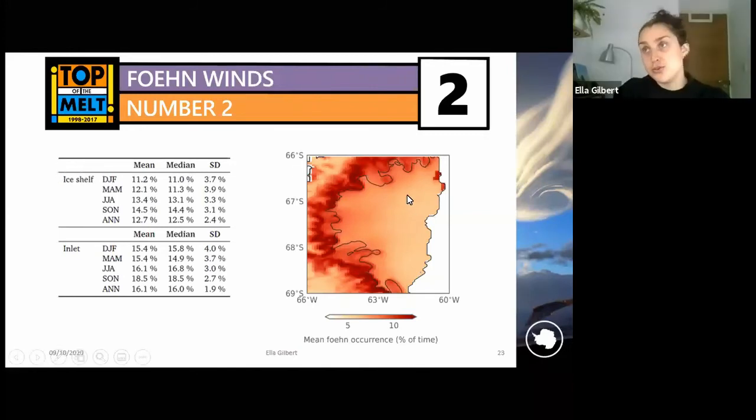The ice shelf column refers to stations out on the ice shelf, AWS 14 and 15, which I've used to validate, around about there, and then inlet stations, which are here in Cabinet Inlet, and another one up here in Scar Inlet. What we can see from the data is that at inlet stations you get much more foehn occurring. In fact, they occur 27% more frequently in inlets than on the ice shelf. Foehn also occur most frequently in September, October, November, so springtime, which is again consistent with the literature, and again very encouraging.